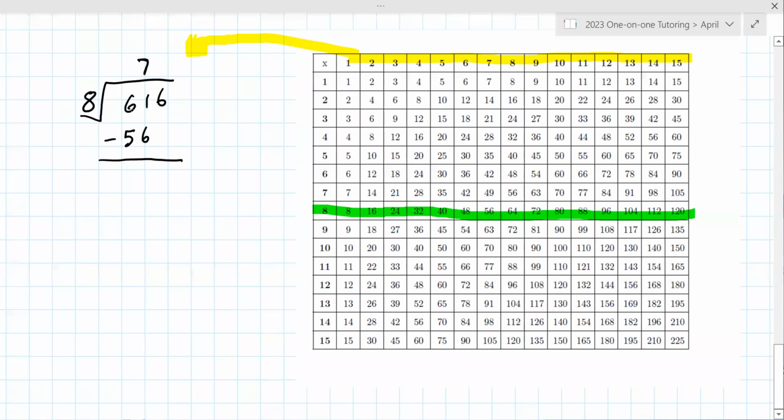So let's go with the subtraction here. 61 minus 56. What does that become? So maybe it's easier to just count. You're going up from 56 to get to 61.